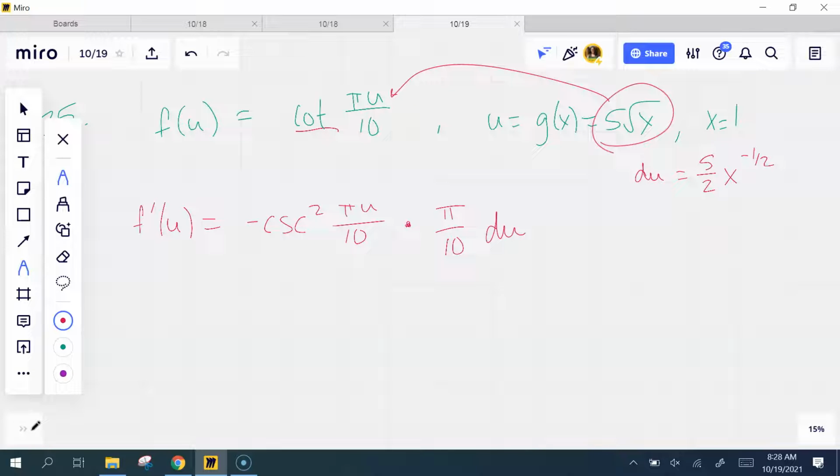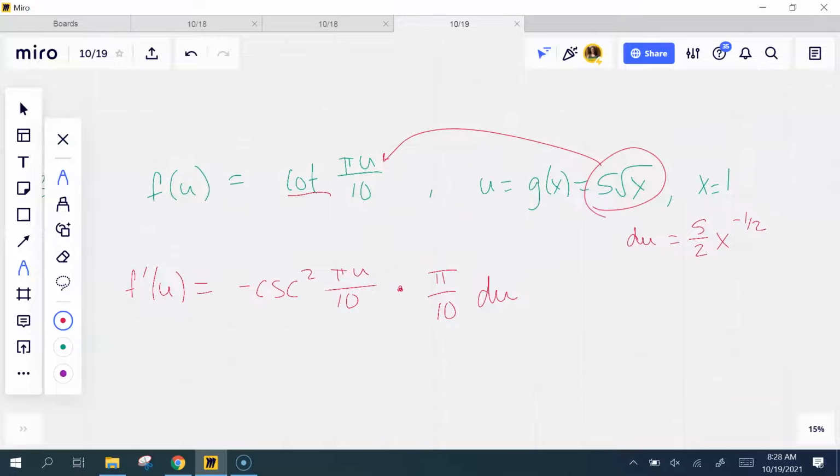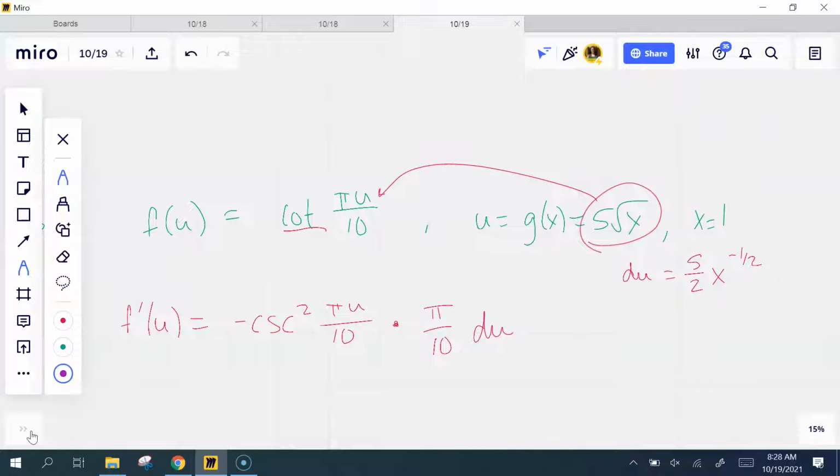Yeah. So you did a chain rule. So that pi u over 10 is the inside, right? Yes. But you do the power rule of that? No, I did. So if I asked you, what is the derivative of sine 2x?